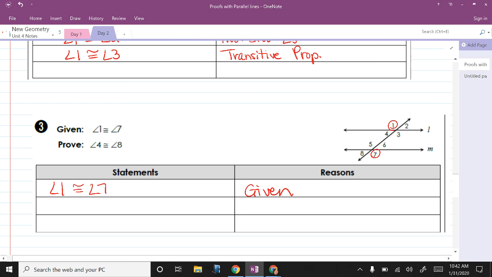Do I have enough information to say that those lines are parallel? What's 1 and 7's relationship? Alternate exteriors, right? So since they're congruent, I can say that line L is parallel to line M because of the alternate exterior angles converse theorem, right?